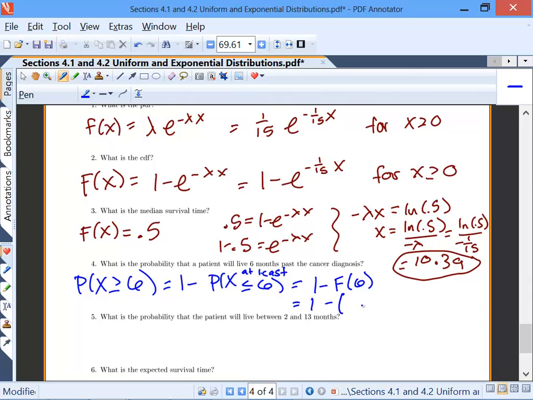So 1 minus e to the negative 1/15 times 6, which is 0.6703. So for this type of cancer, there's a 67% chance that you will live at least 6 months after your diagnosis time.